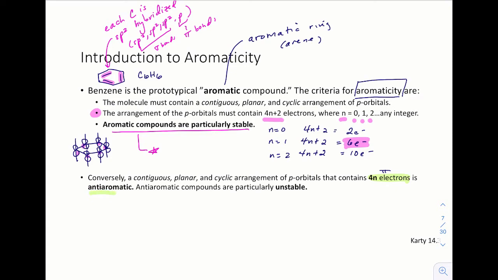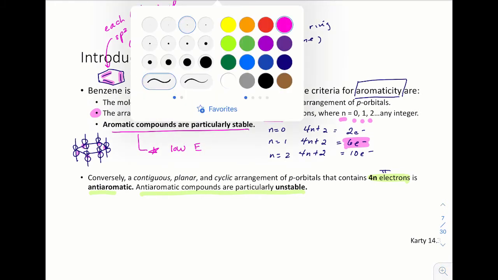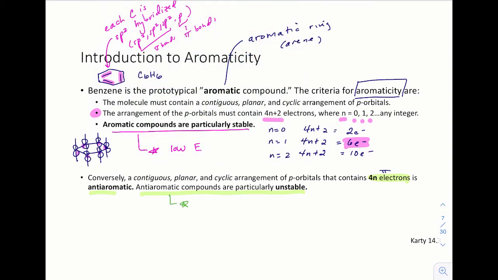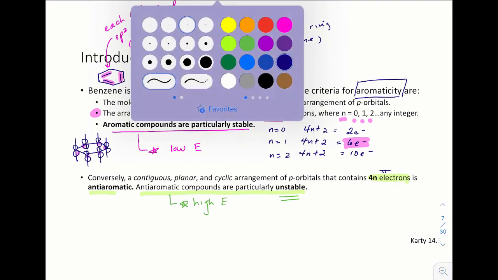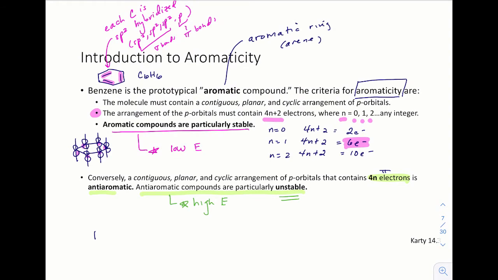And anti-aromatic compounds are particularly unstable, whereas aromatic compounds are low energy, stable. Anti-aromatic compounds are high energy, unstable. If benzene is the prototypical aromatic compound, perhaps cyclobutadiene is the prototypical anti-aromatic compound.